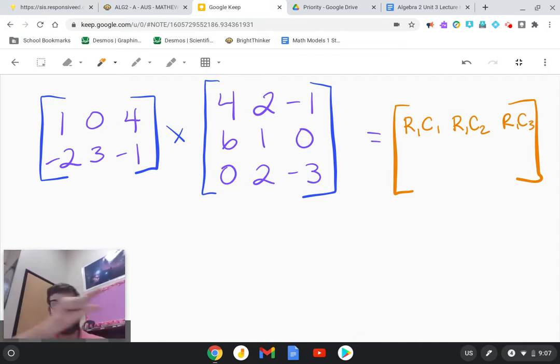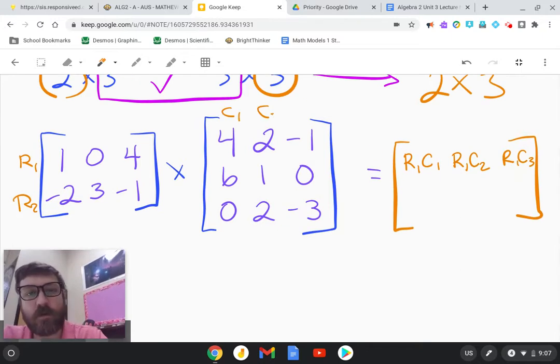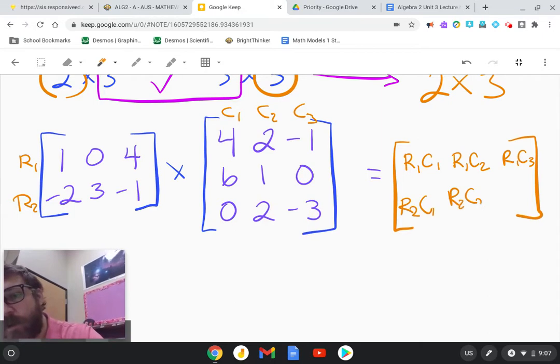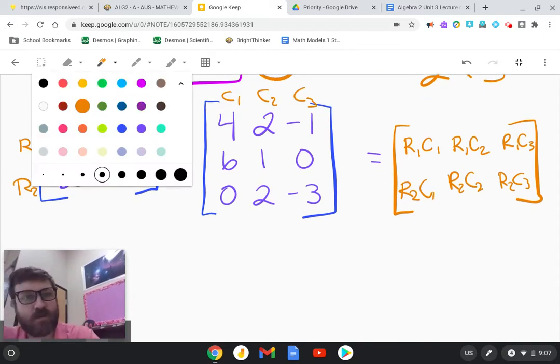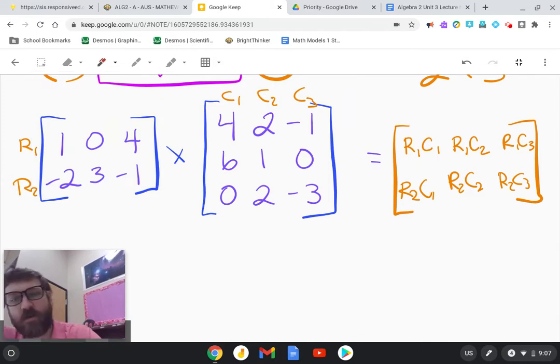Notice row 1 answers go along row 1 in the answer matrix, and then column 1, column 2, column 3. So the row and column numbers tell you what position they go in. Then in the bottom, it's going to be row 2, column 1, row 2, column 2, row 2, column 3. These are telling me what to do to find the answer for that element in the matrix.